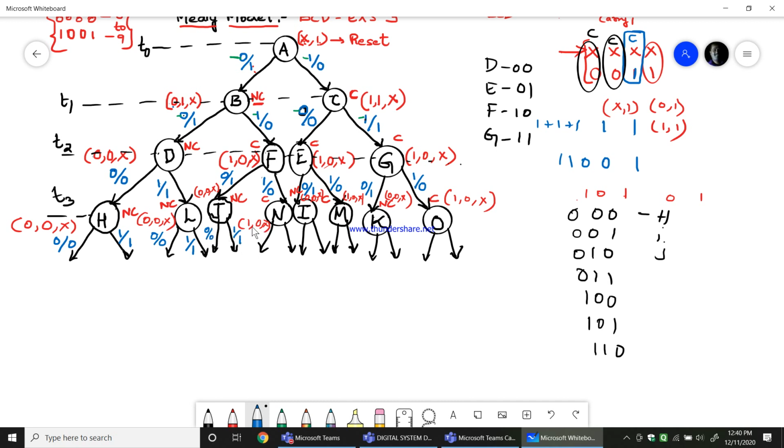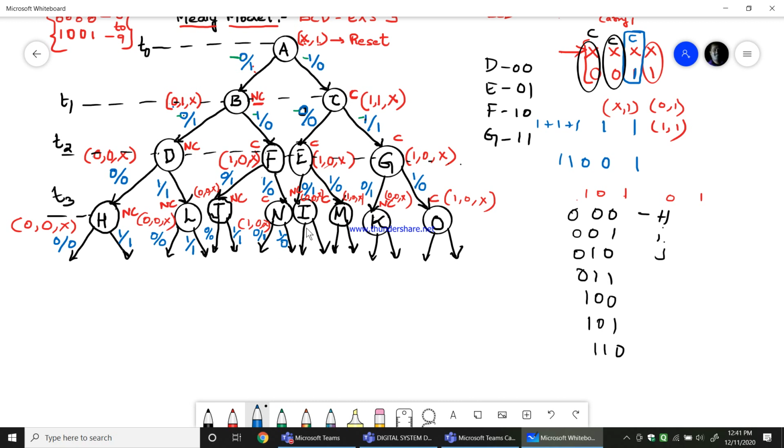Again here it is 1, 0, 0. Therefore, if it is 0, output is 1. If it is 1, output is 1 plus 1. So 1 plus 1, the carry comes into picture, and we don't consider those things which you get carry. Anyway, I will just write that. So 1 plus 1 will give you 0.